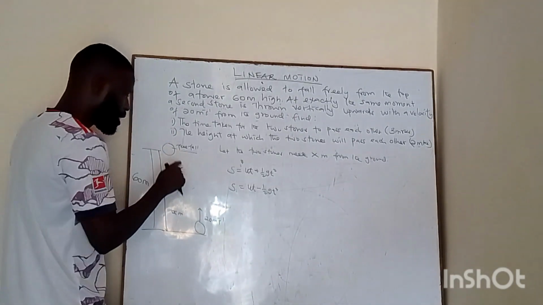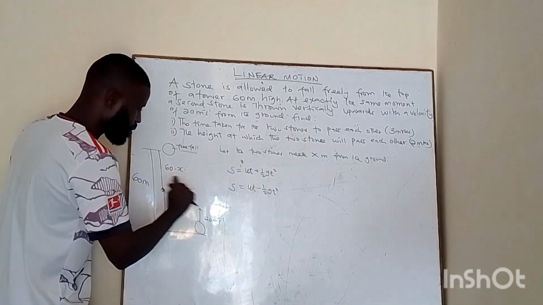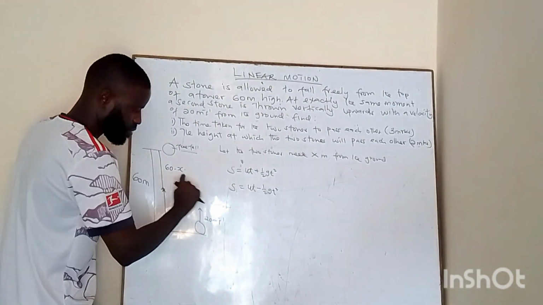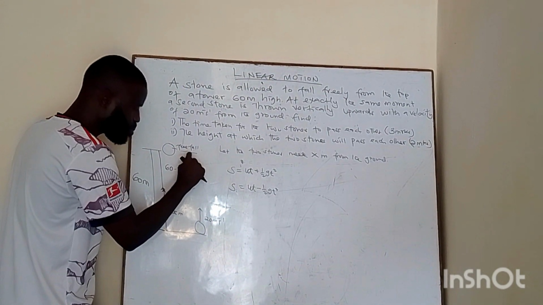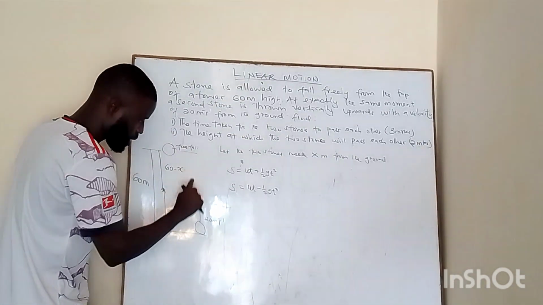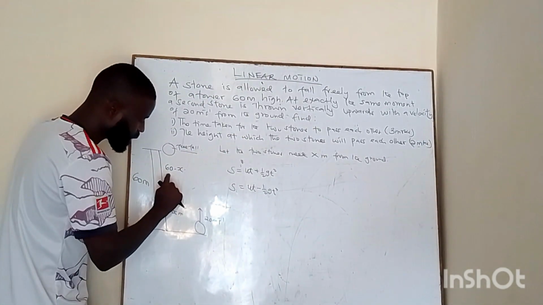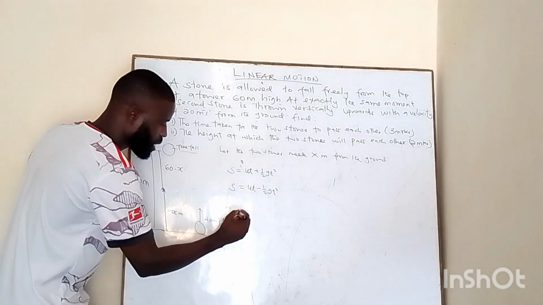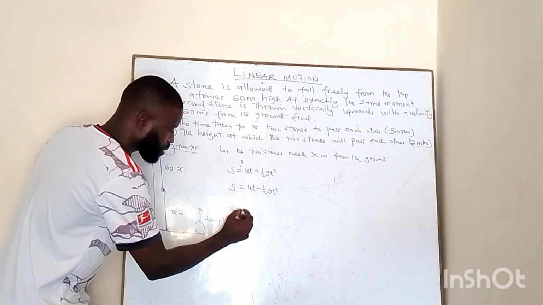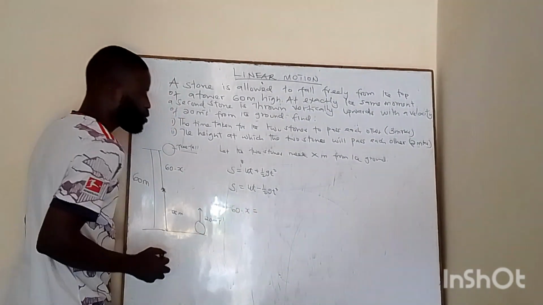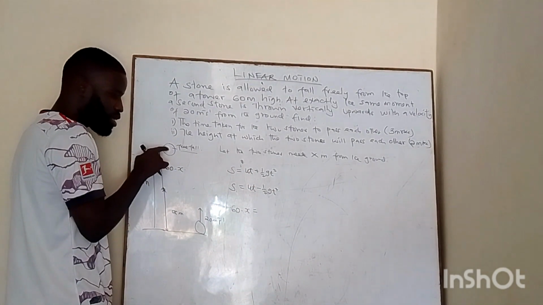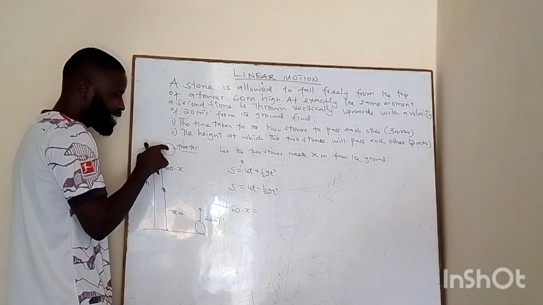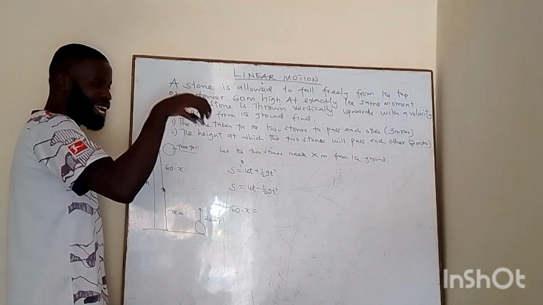So we are going to start with the free fall. This one becomes our s. By the time of meeting, the displacement for the first stone is 60 minus x. So we say 60 minus x equals u, the initial velocity of this stone that was falling freely, which is 0 because it was held.